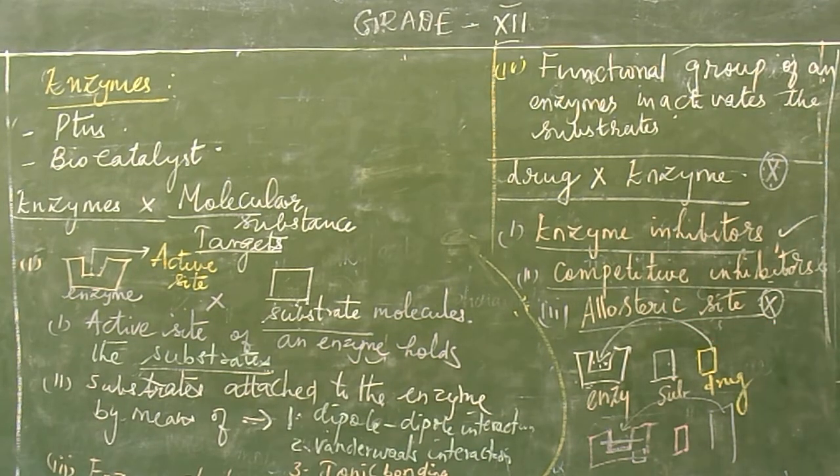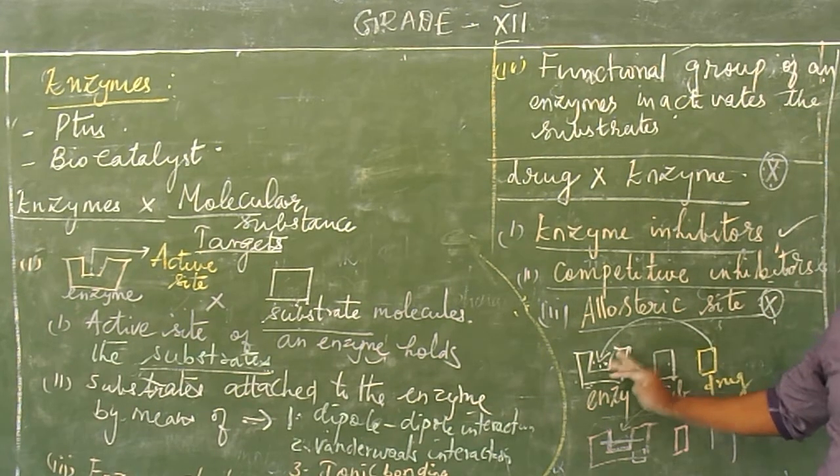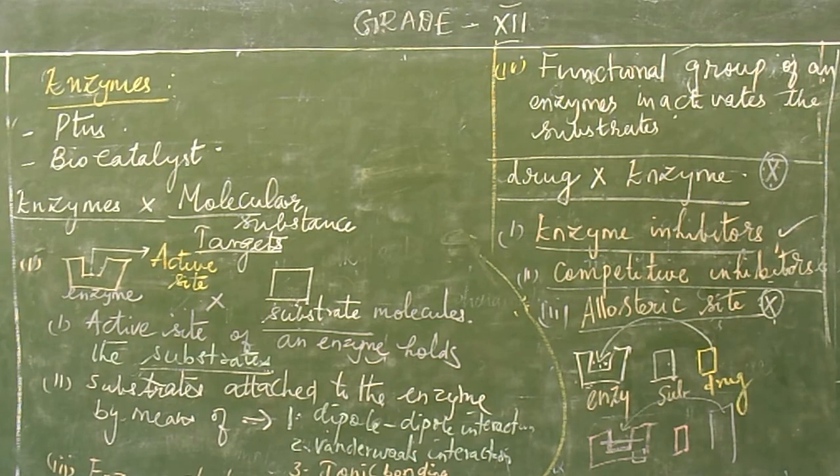So first one is enzyme inhibitors. What are enzyme inhibitors? The drug acts as a substance which prevents the active site of an enzyme from holding the substrate molecules. That is called enzyme inhibitors.